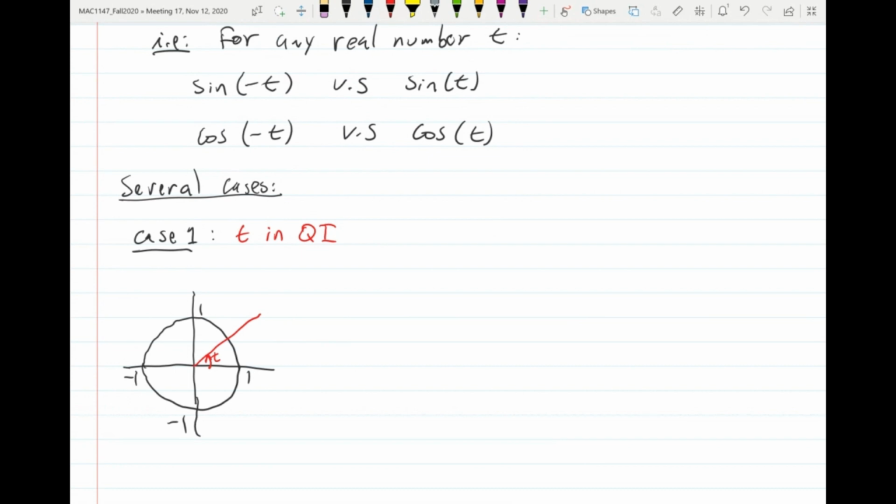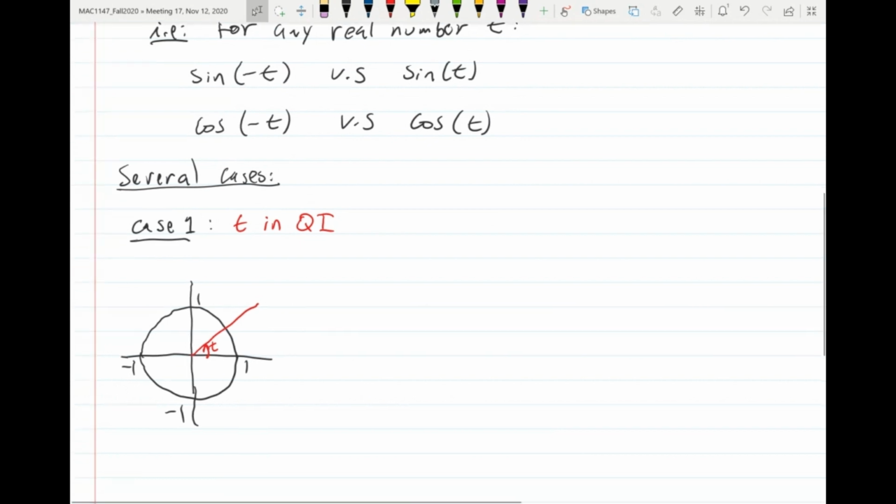So here t is in radians. Then we have a point here, let's call it P, with coordinates x, y. And as you know, x is cosine of t, and y is the sine of t. Then we draw a little triangle as usual.